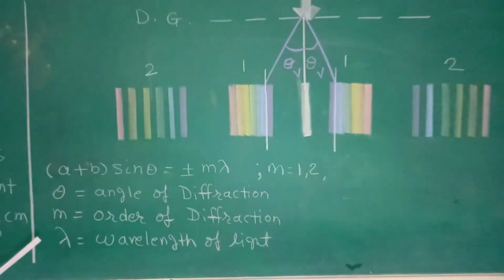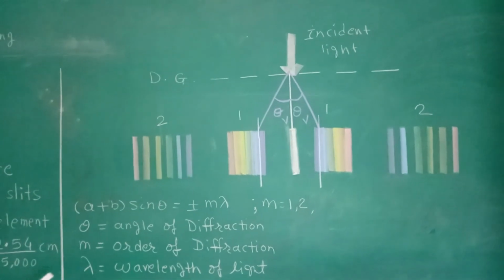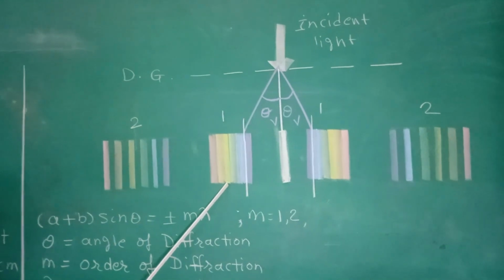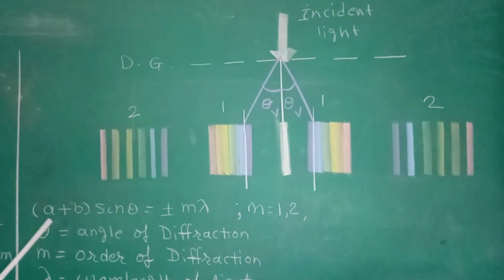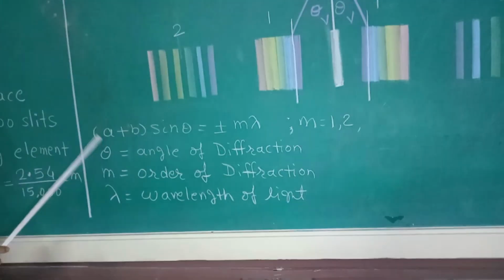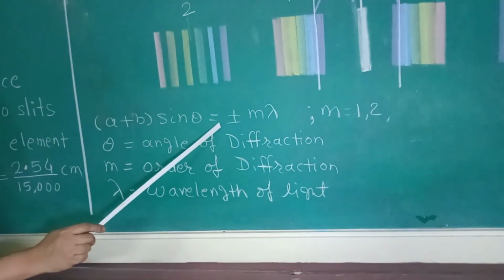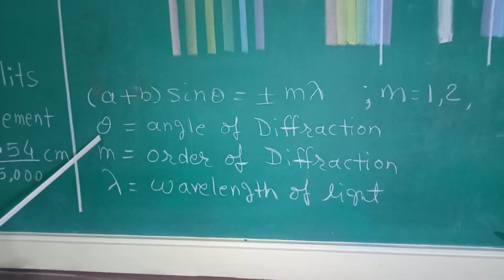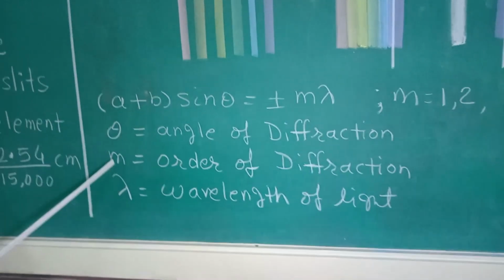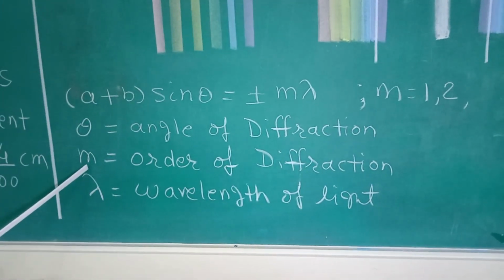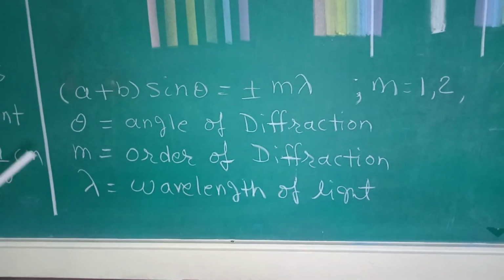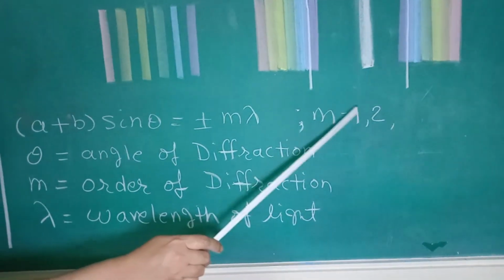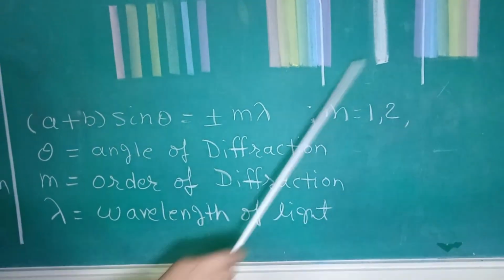In the experiment, we are going to find out the wavelength of violet color and green color. The condition for maxima is (A plus B) sin theta equal to plus or minus m lambda, where theta is the angle of diffraction, and m is the order of diffraction; m has values 0, 1 and 2 onwards.